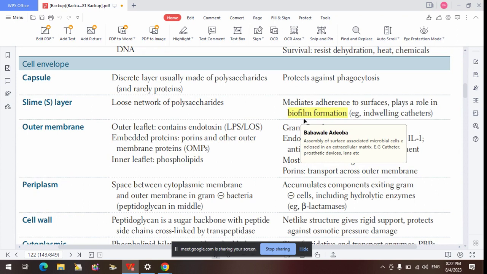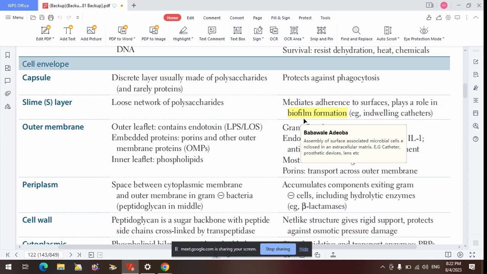So biofilms are just like colonies of bacteria that adhere together, and they form colonies and attach to a surface. Most of the surfaces are endogenous, but some of them are from foreign substances.